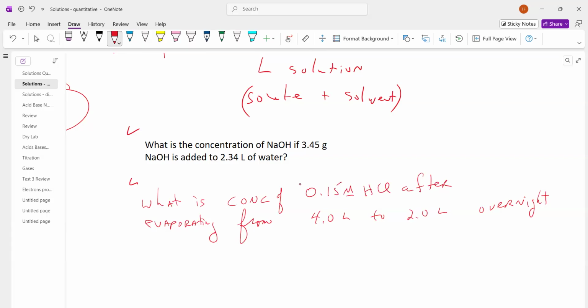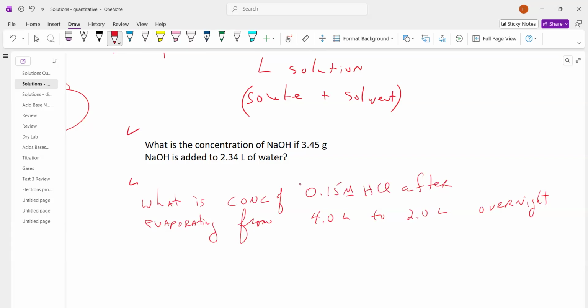So gut level feeling says that it's got to go up. So when we're all done, we need to look at the answer. Does that answer make sense? Did the concentration in fact go up after we've done the calculation? If it doesn't, something's wrong with your setup.